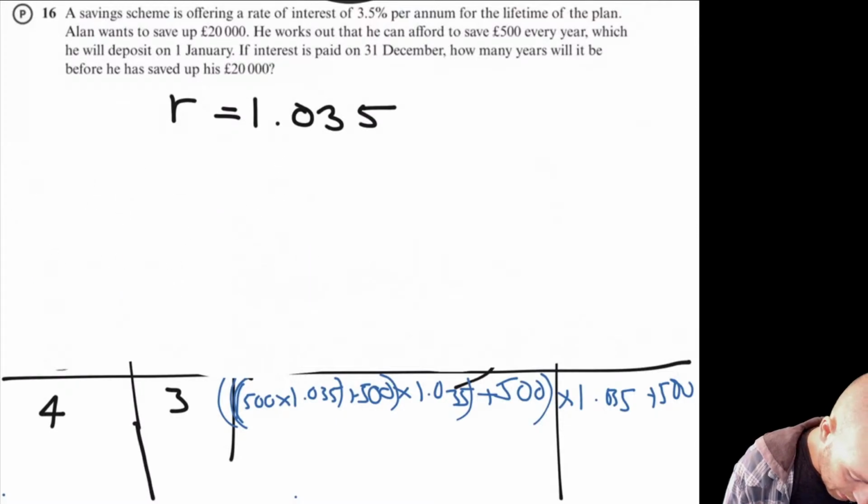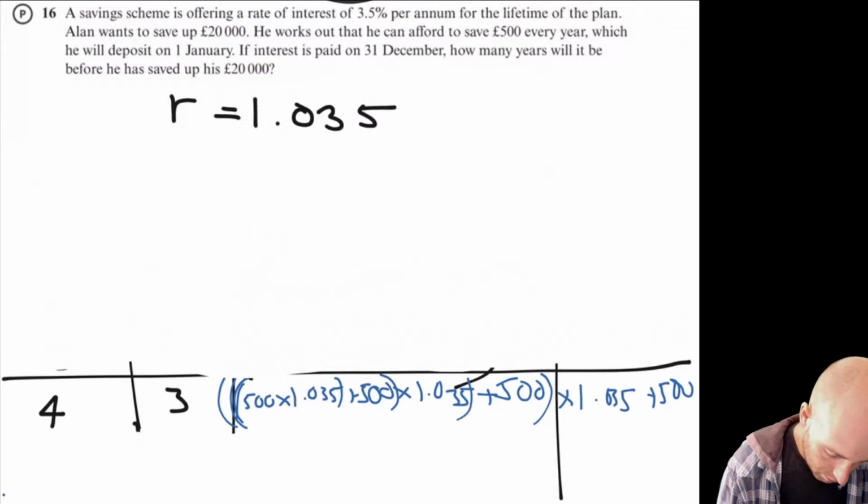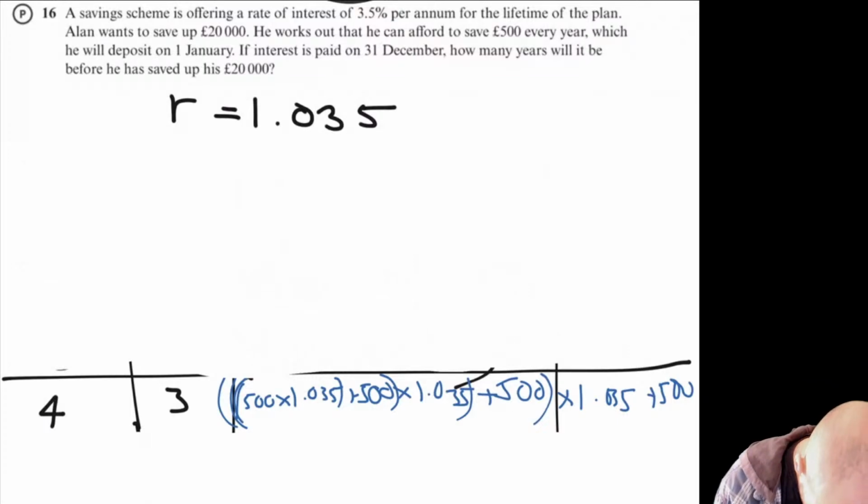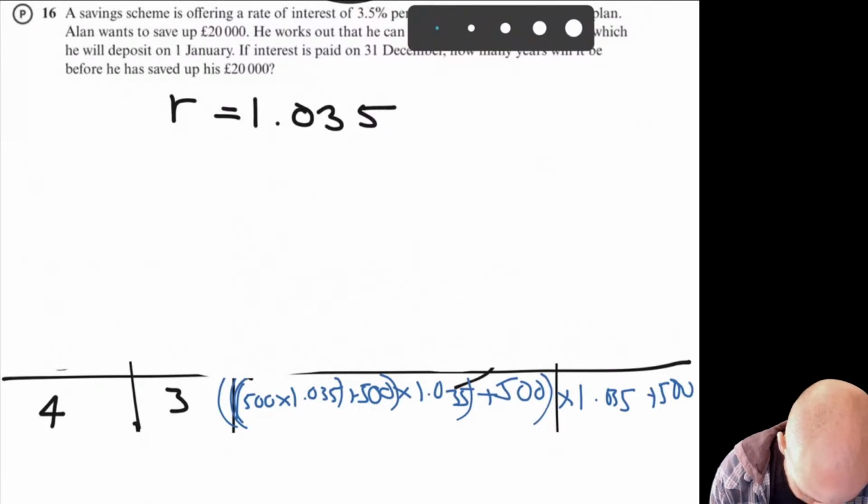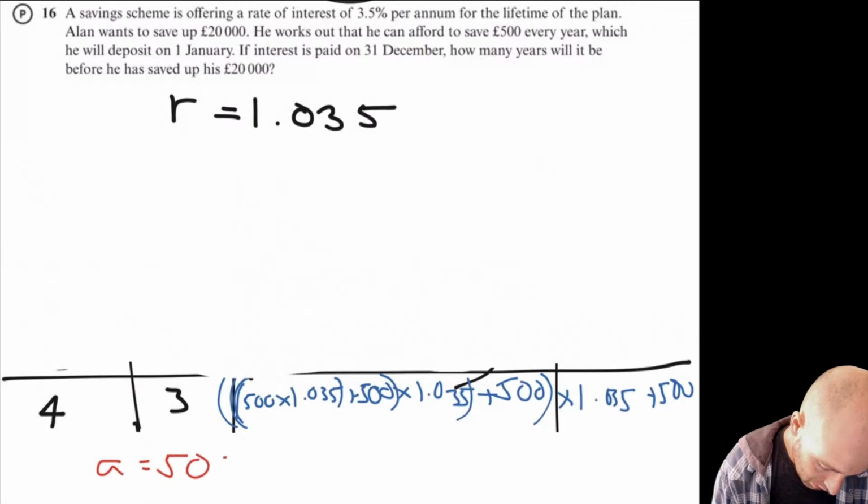And I'm going to expand this. I might do this in terms of A and R. So our first term was 500. So let's change all the 500 I'm going to say is A. And all the R's I'm going to say is 1.035.